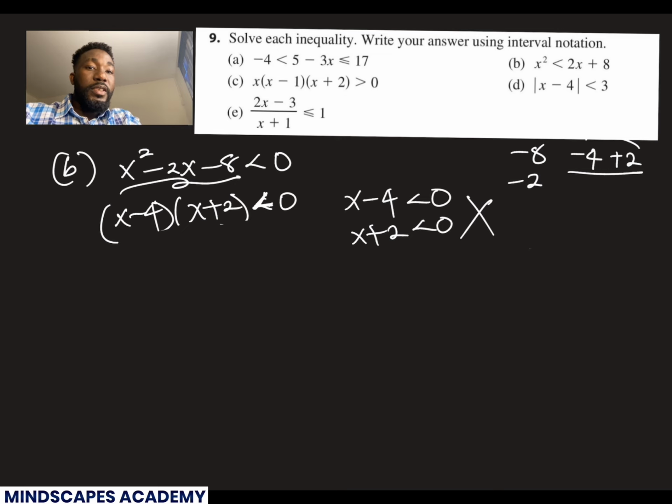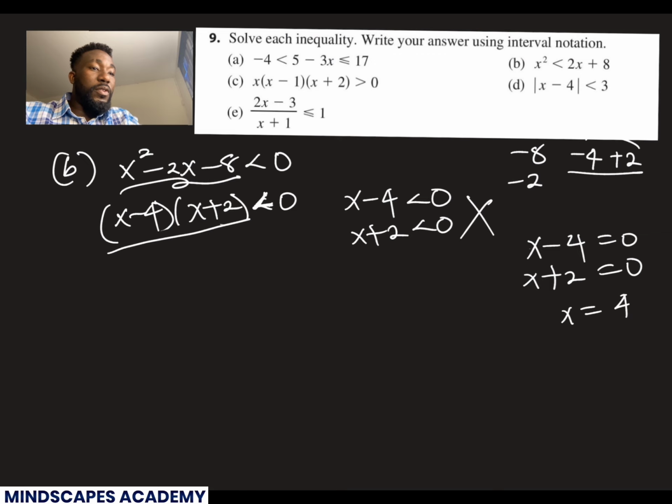The zeros will be each of these equal to 0. Let's assume this is not less than 0, it is equal to 0. So you have x equals 4 and x equals -2.